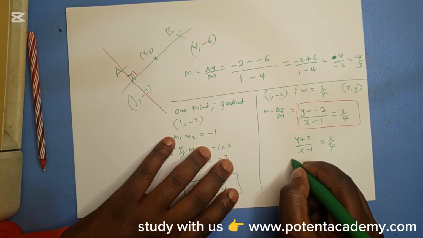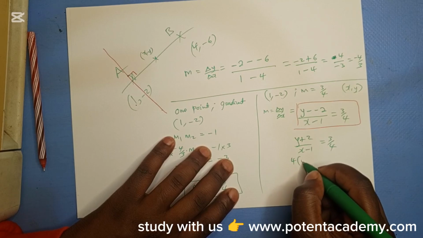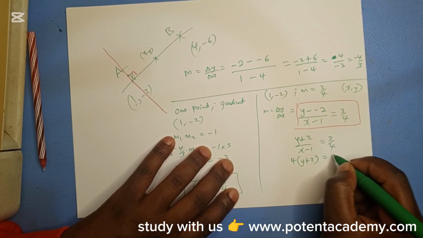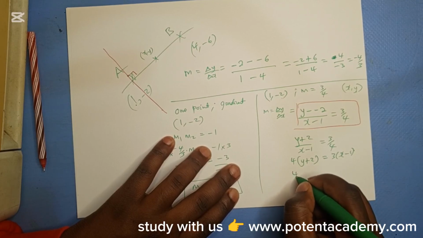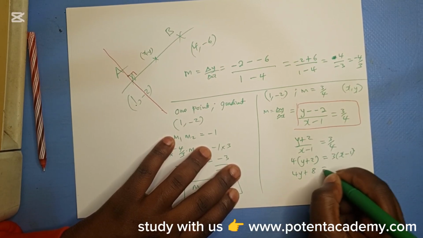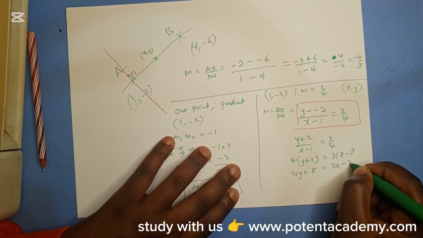Cross multiply: 4 in brackets y plus 2 equals to 3 in brackets x minus 1. So this is 4y plus 8 equals to 3x minus 3.